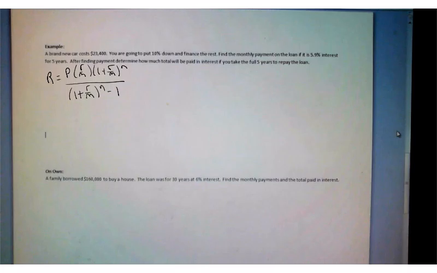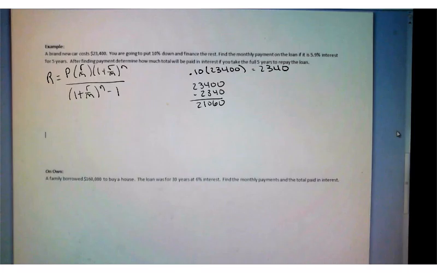Now we have to be careful when we plug in for P, because you might be thinking it's $23,400, but you're putting 10% down, so you're only financing 90% of that amount. We have two ways to figure this out. We can take 10% of the $23,400, which is $2,340, and reduce the purchase price of the car by the $2,340, and we get the amount that we need to finance.